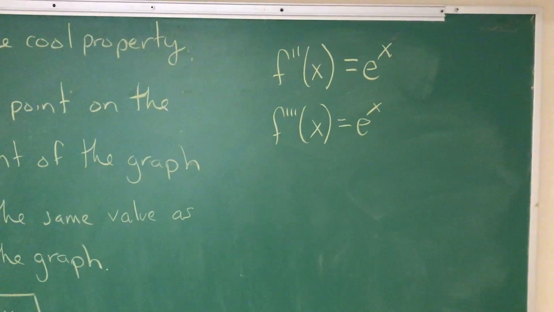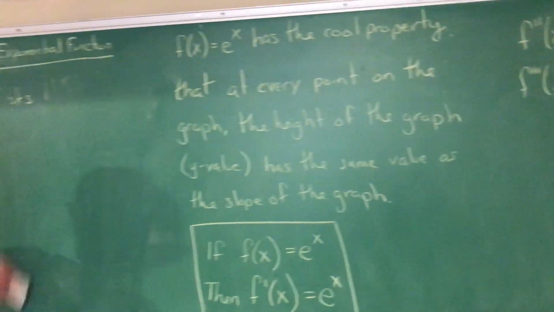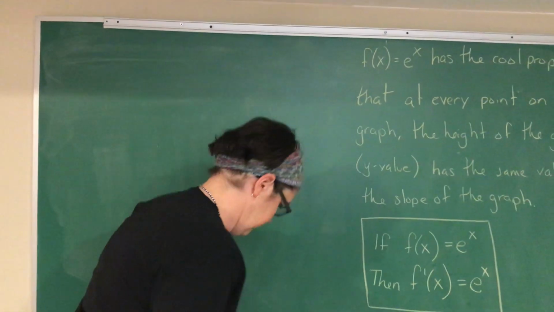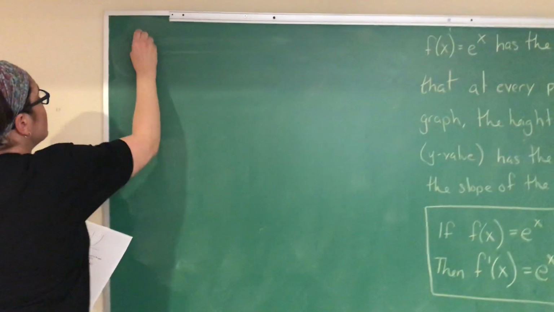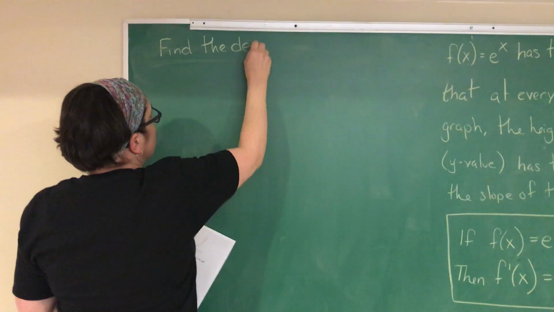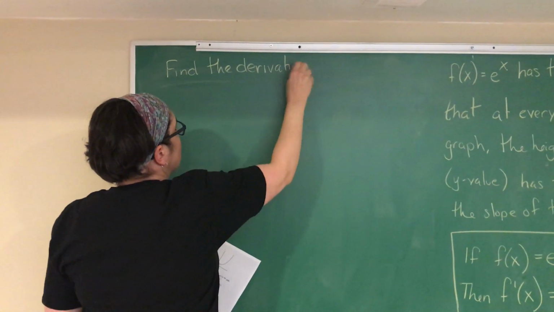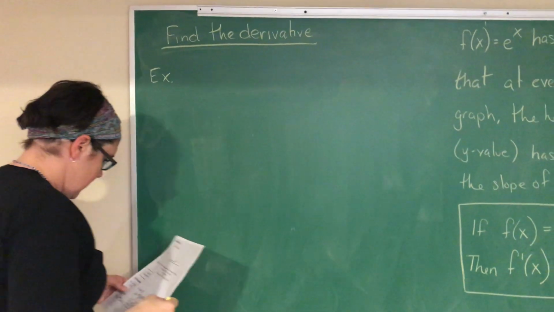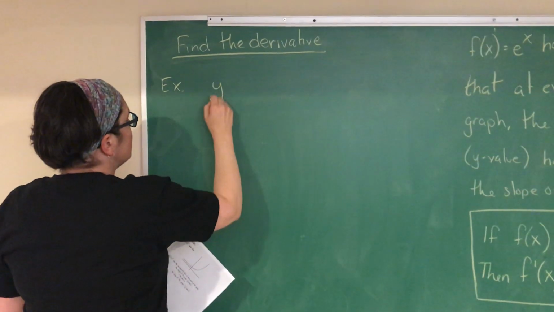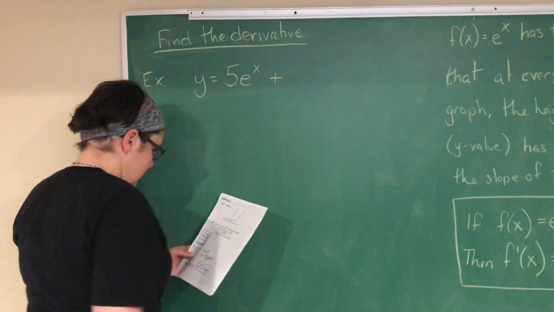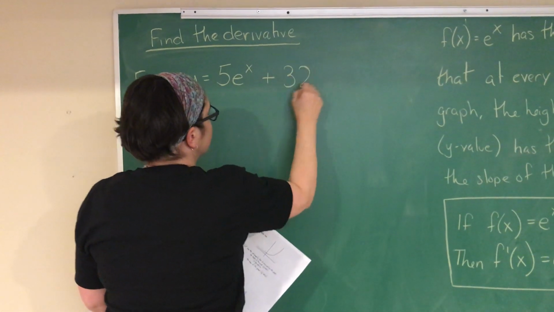Let's look at some examples of calculating derivatives that involve this exponential function. We are going to find the derivative. In our first example, we have y equals 5e to the x plus 32.